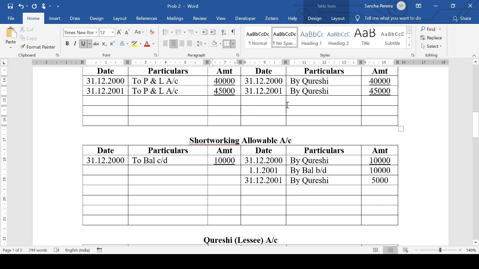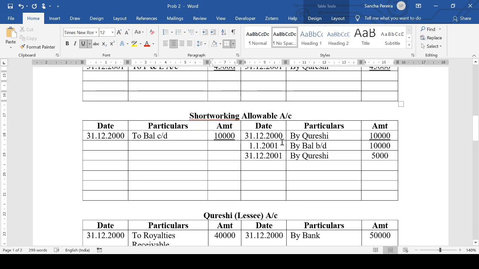So this closes. Short working account we need to close. Short working allowable account. 15,000. To balance carried down. 15,000. You can check this with your statement.